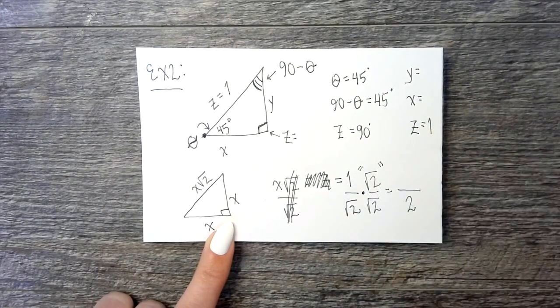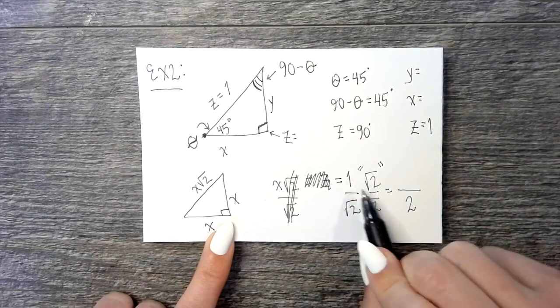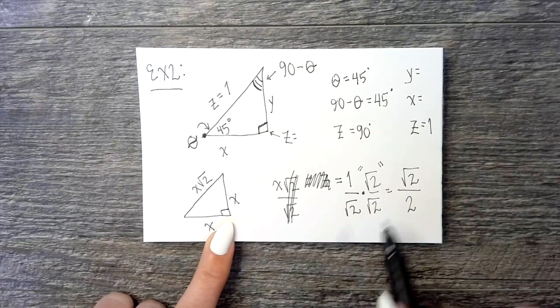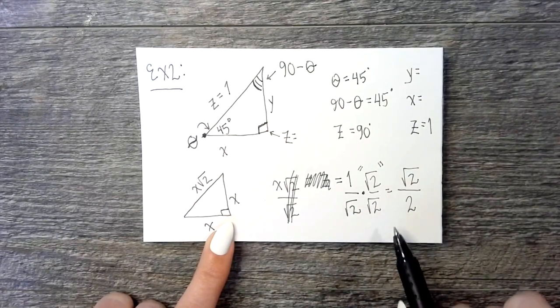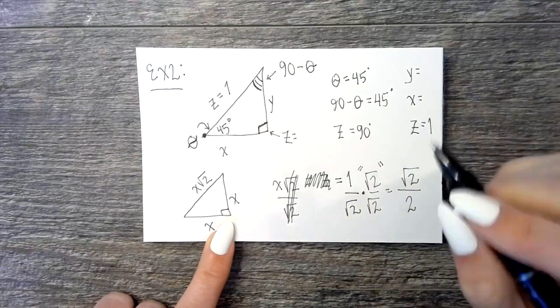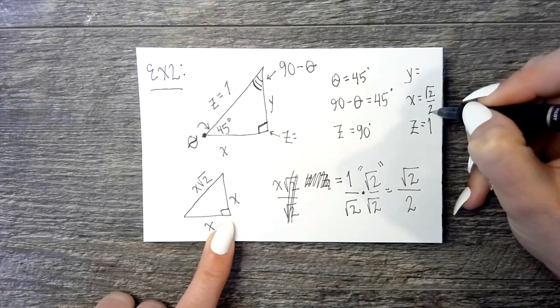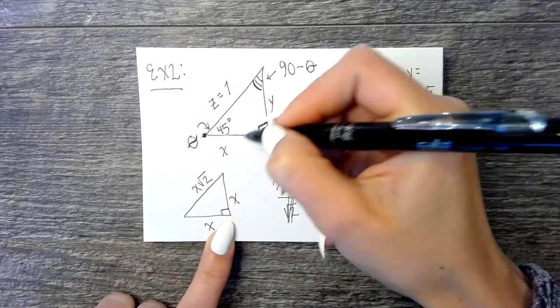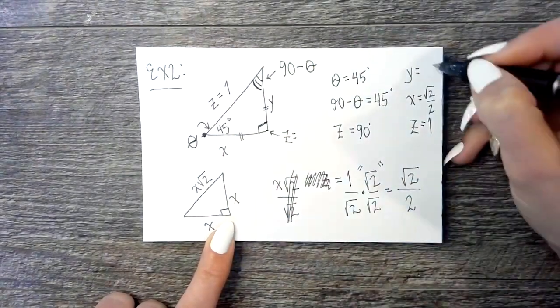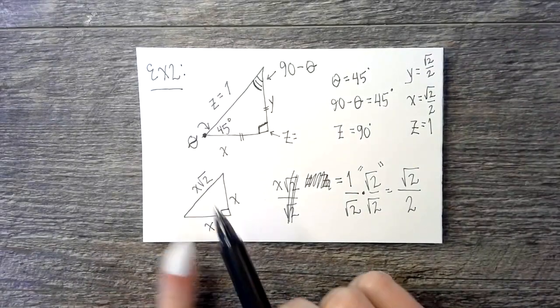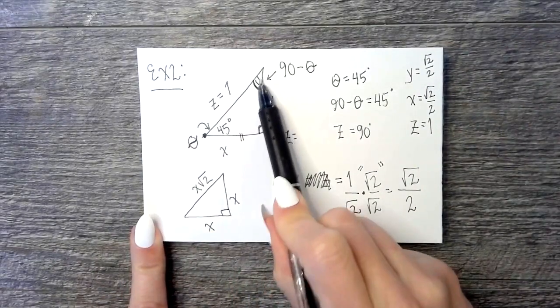On top, we just have 1 times radical 2, so 1 times anything is itself. So radical 2 over 2. 1 over the square root of 2 equals radical 2 over 2. That is the rationalized value of the legs of this triangle. They're both the same because you go over to the right the same amount you move up, right?